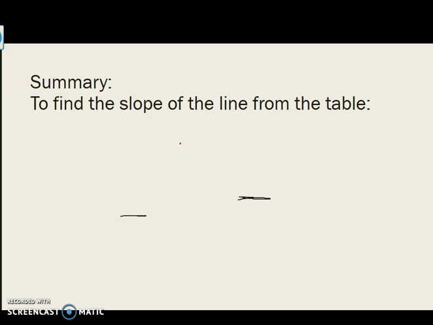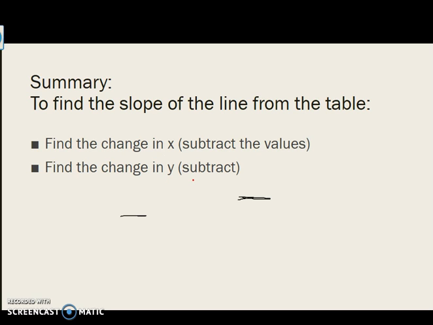So in general, to find the slope of a line from a table, first you're going to find the change in x by subtracting the values. Next, you will find the change in y by subtracting the y values, always the one below it minus the one above it.